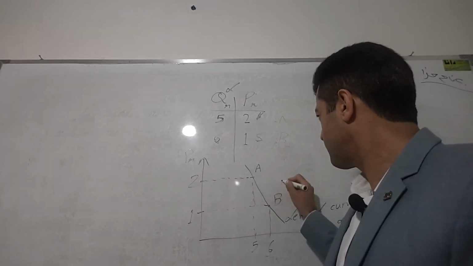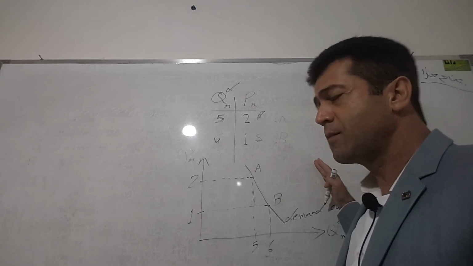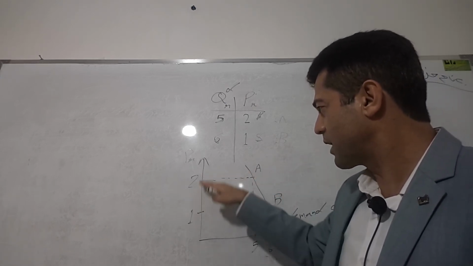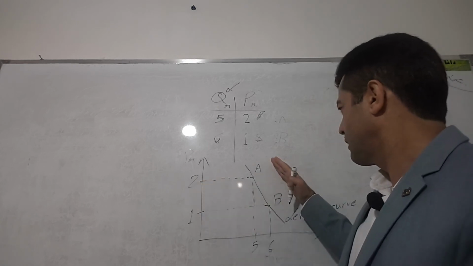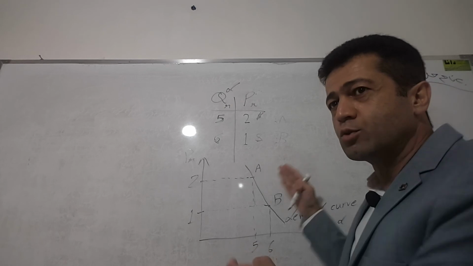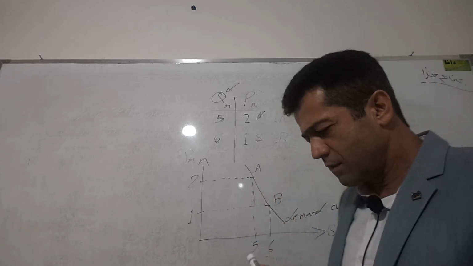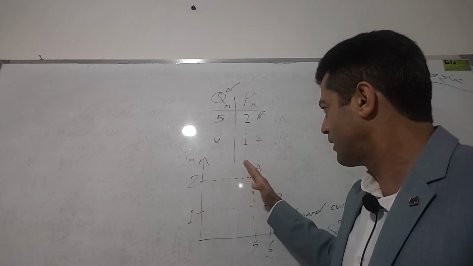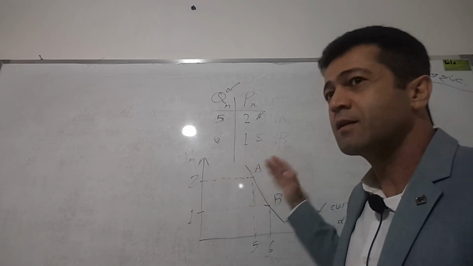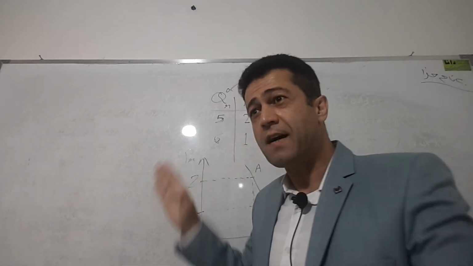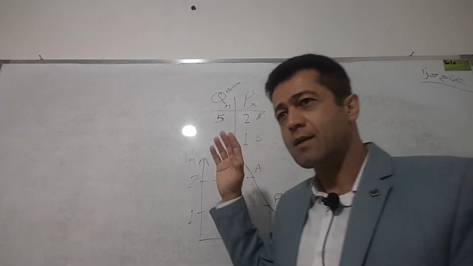And when it shifts to the right side, it means at all different prices of the good, the quantity demanded will increase. But which factors shift the demand curve to the left or the right depends on the factors that we have already considered constant.